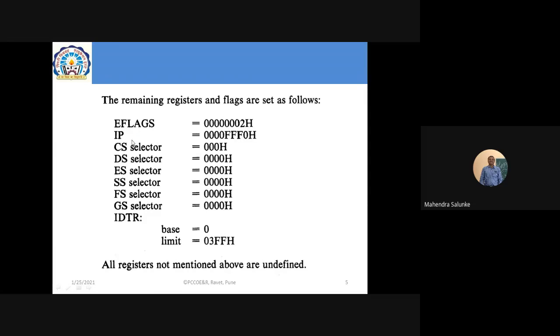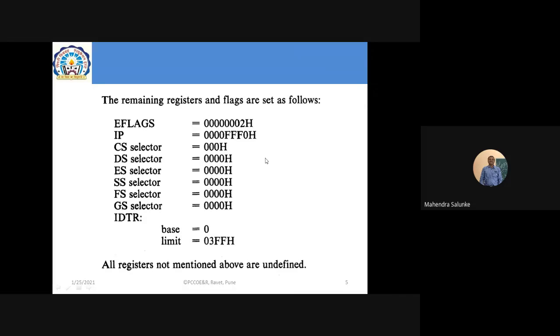Now when you are working with the 80386, the reset address will be FFFFFFF0. All 32 bits are generated in such a way that the upper 7 digits will be F and the lower digit will be 0.